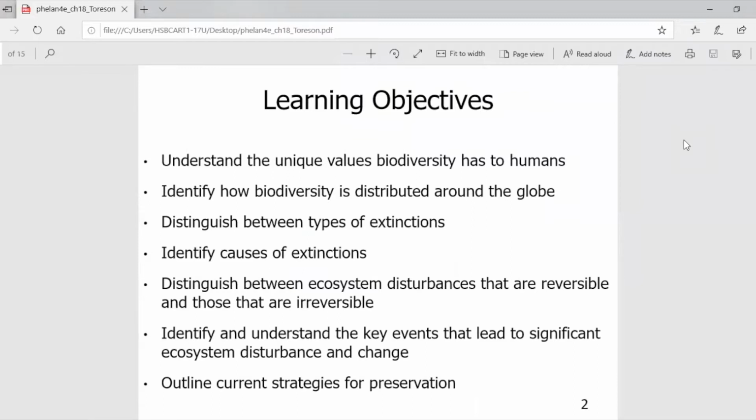We are going to review the types of extinctions and then discuss factors that make a species more or less likely to go extinct. We're also going to discuss how human activities cause disturbances in the ecosystem and some strategies for preservation and conservation of the environment and species.